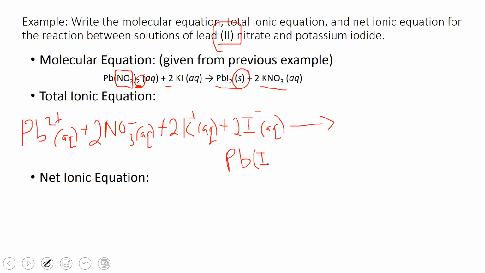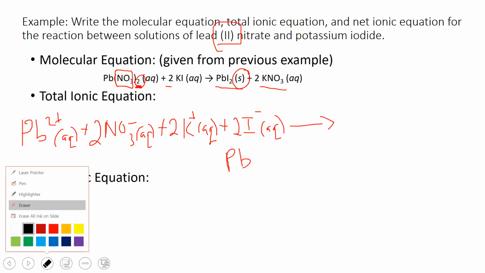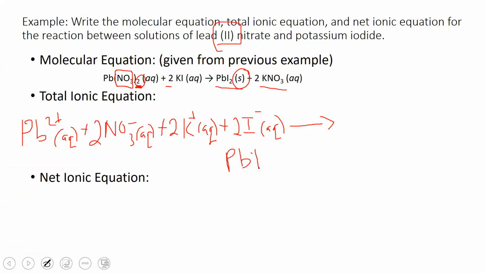Oops, I don't need the parentheses there, so I'm going to erase that. There we go. And that is going to be solid. So anything that's a solid, a liquid, or a gas in this chemical equation stays as a solid, liquid, or gas. Anything that's aqueous is what's going to dissociate into its component ions.